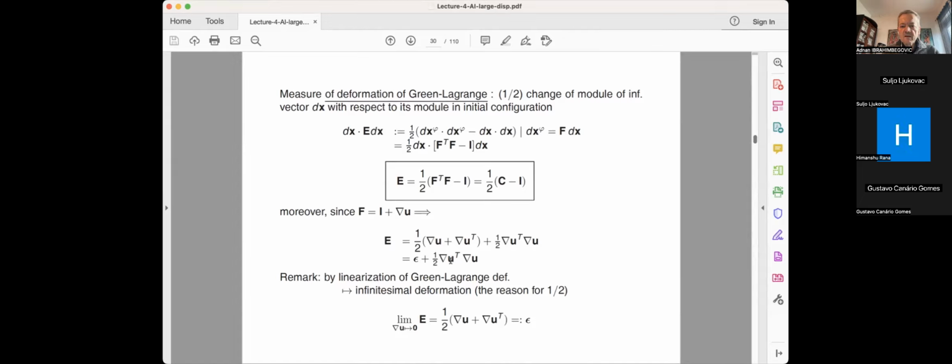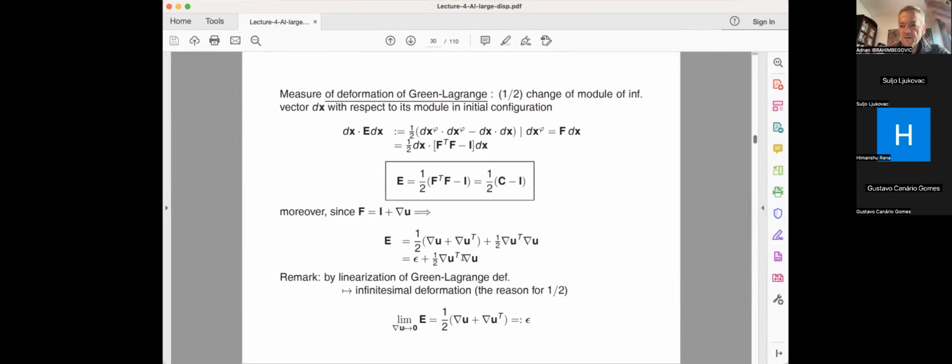But if you have a U that is negative, you have this one positive and this one negative. So it doesn't really change for compression and tension in the same way, because this one becomes negative for compression and this one remains positive, whereas for tension, both of them are positive. So something's already fishy.